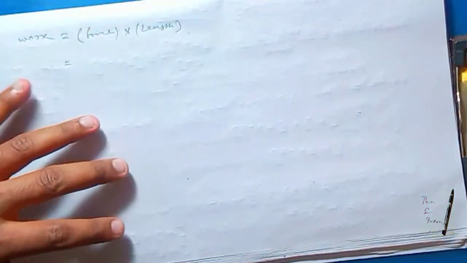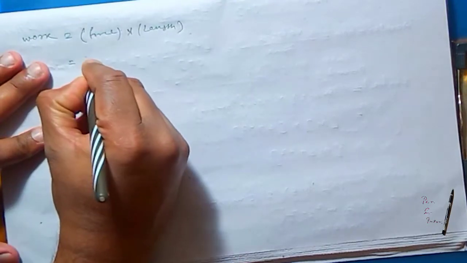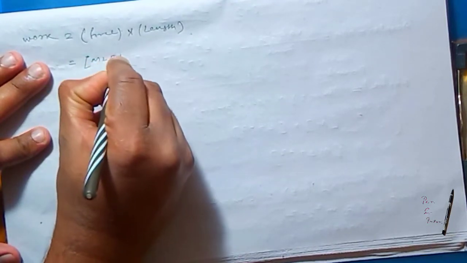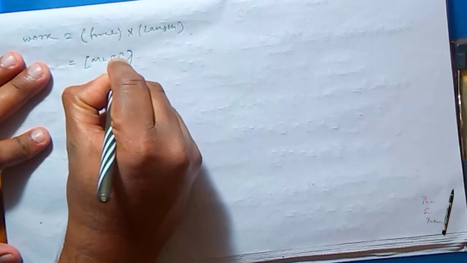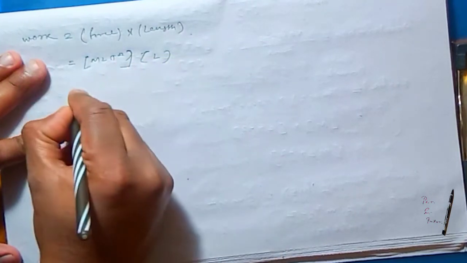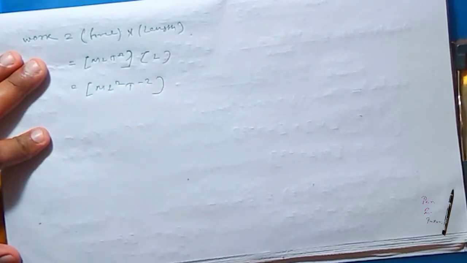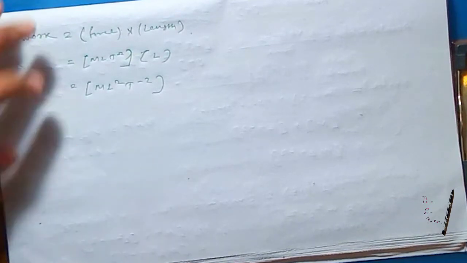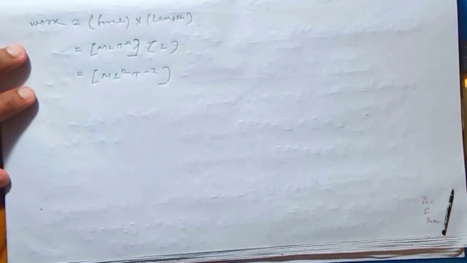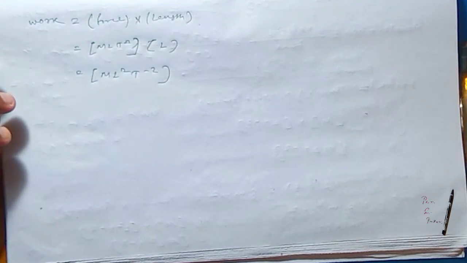Length is L. So the final dimension is ML square T inverse 2, which, as we previously saw, is the dimension of kinetic energy also. So the dimension of work done and kinetic energy is the same.